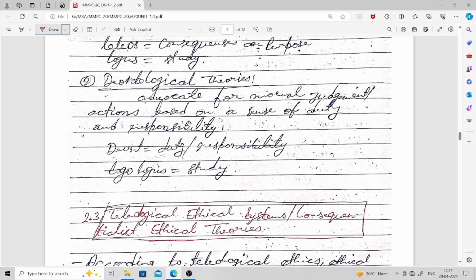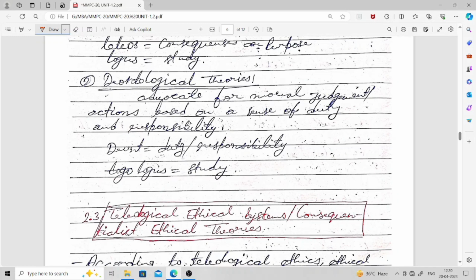Second one, that is given deontological theories. It advocates moral judgments and actions based on our sense of duty and responsibility. What is wrong and what is right is based on our moral judgment, that is, based on a sense of duty and responsibility.